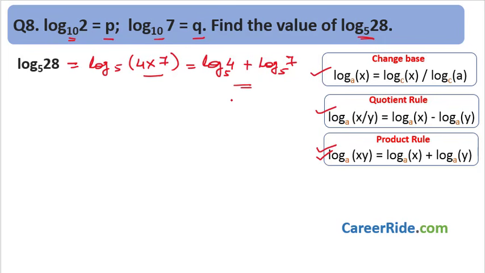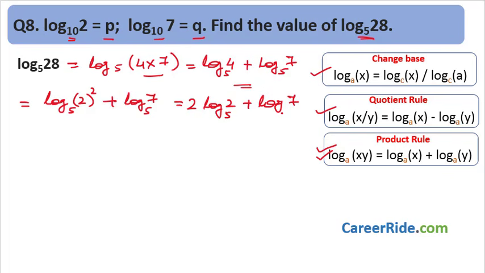Now can we write log 4 as log 2 squared to the base 5? Yes, we can, because 4 is equal to 2 squared, plus log 7 to the base 5. So this is equal to 2 log 2 to the base 5 plus log 7 to the base 5.